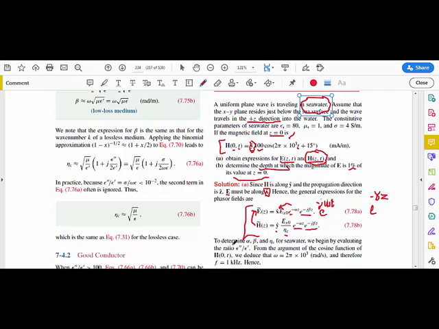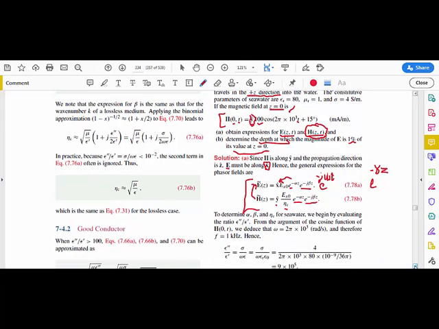So to determine alpha, beta, and intrinsic impedance, it is preferable to first specify the type or behavior of this material, for more simplicity.